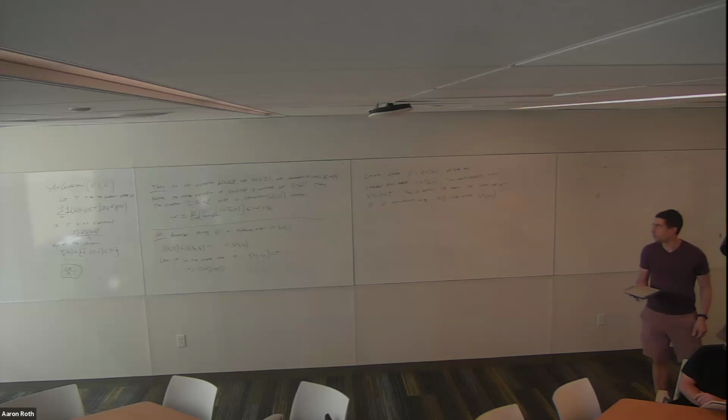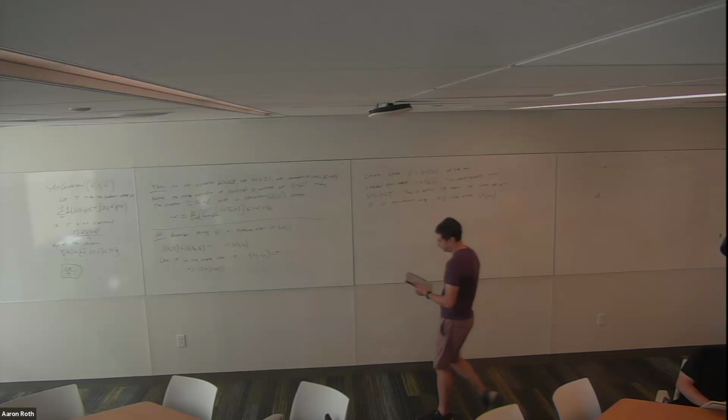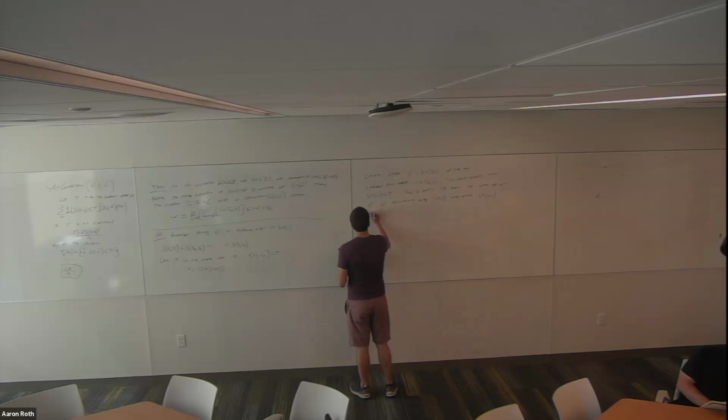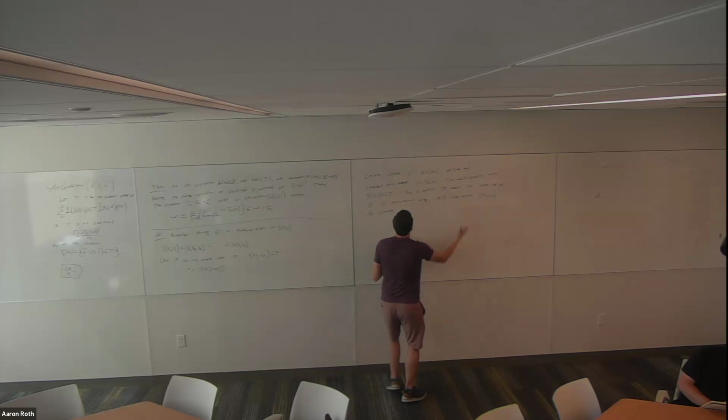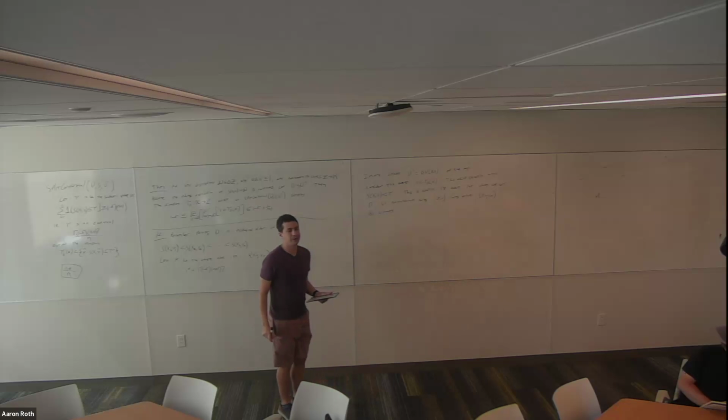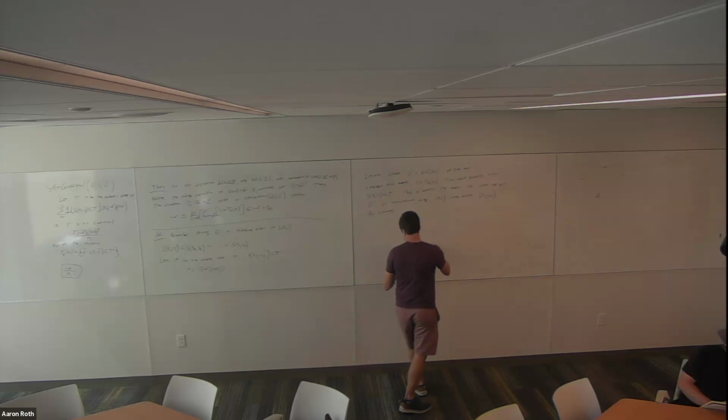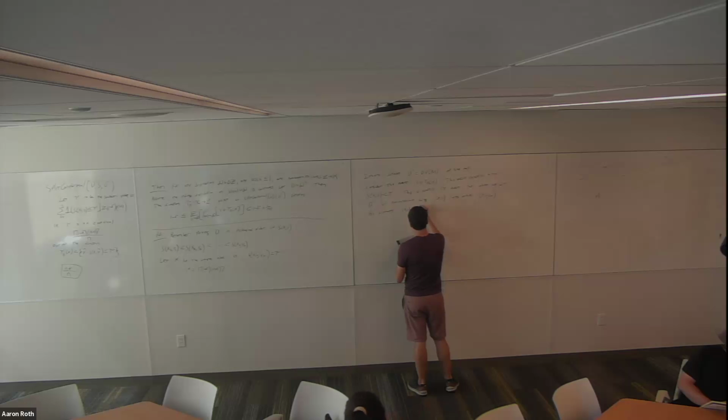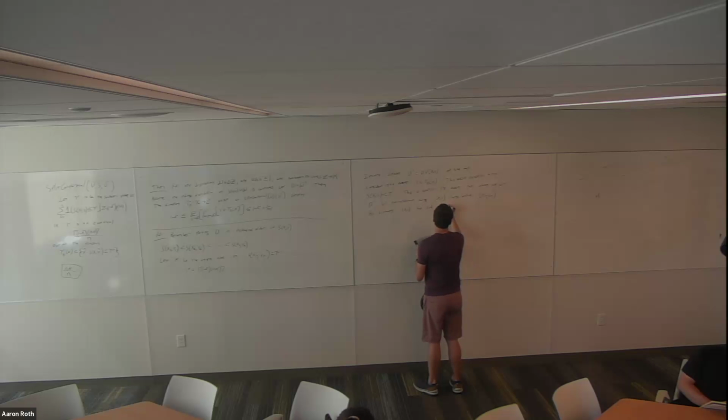So, by symmetry, if we imagine sorting these points by their non-conformity scores, our test point x, y's rank is uniformly distributed.